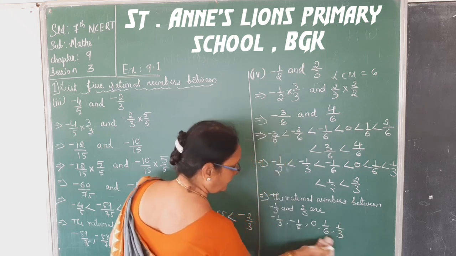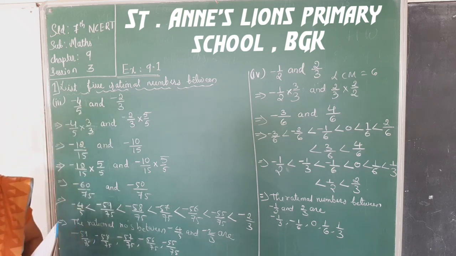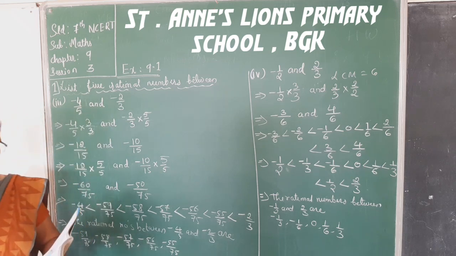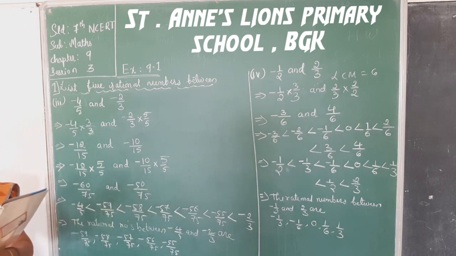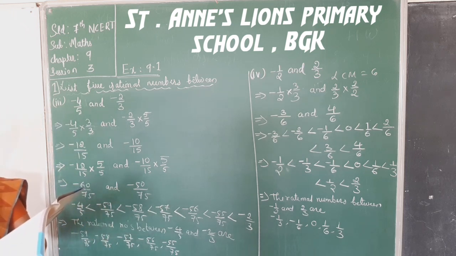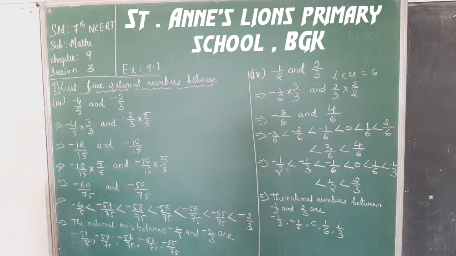We wanted 5 now, only 5 you can write, remaining you can leave it off. This is the method of finding rational numbers between two given rational numbers. Okay, next we take this next main and continue.